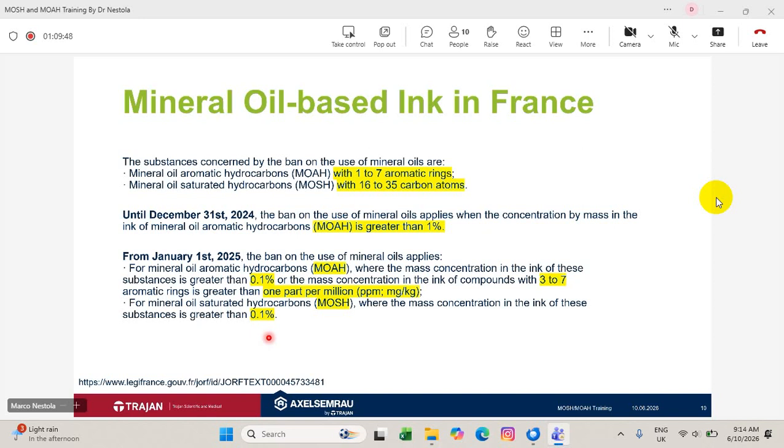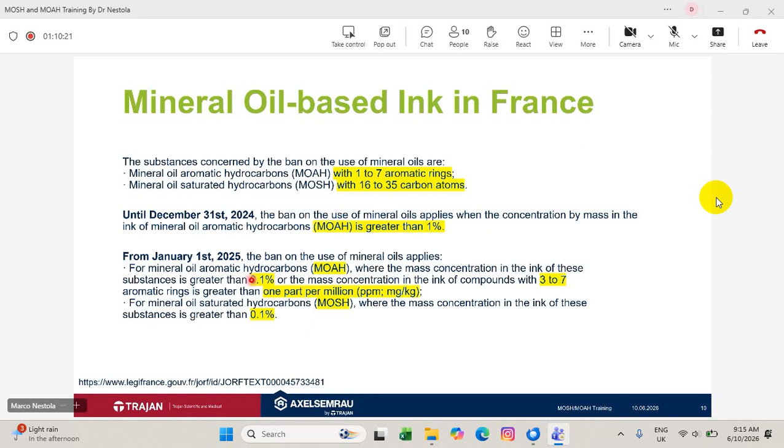And when we are taking vegetable oil, it's basically an ink based on vegetable oils. You need to analyze the MOAH content of the vegetable oil. It must be lower than 0.1%, which is easy. 0.1% is 1000 ppm, so 1000 milligram per kilogram, and we have foodstuff where we need to analyze down to 2 milligram per kilogram.